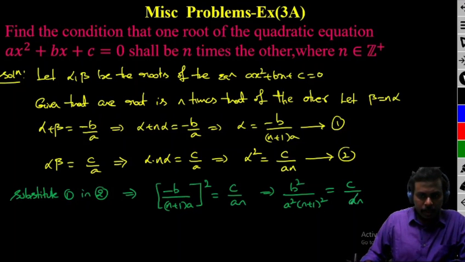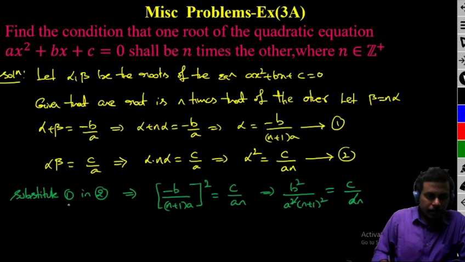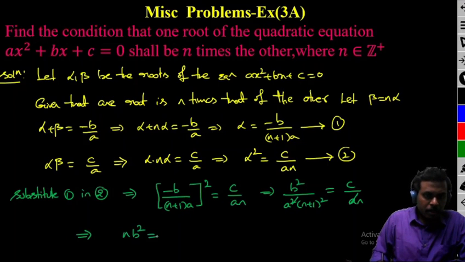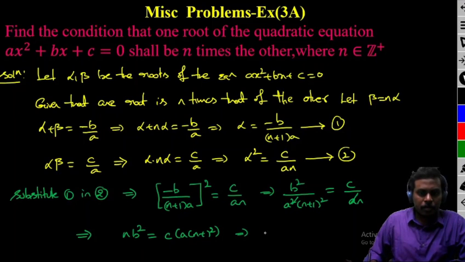So we cancel a here and we rearrange the terms. n b square is equal to c into a into (n plus 1) whole square. So the final answer is n b square is equal to ac into (n plus 1) whole square. Here is the final answer.